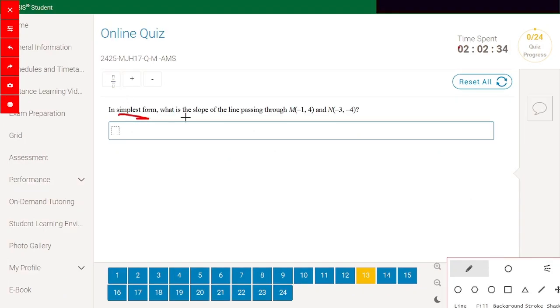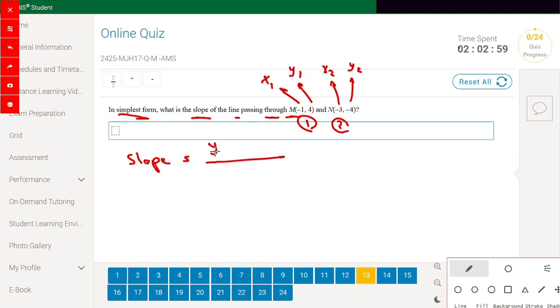In simplest form, what is the slope of the line passing through M minus 1 and 4 and N minus 3 and minus 4? Minus 1 is x1, 4 is y1, N is x2, minus 4 is y2. This is point 1, this is point 2. So slope equals y2 minus y1 divided by x2 minus x1.